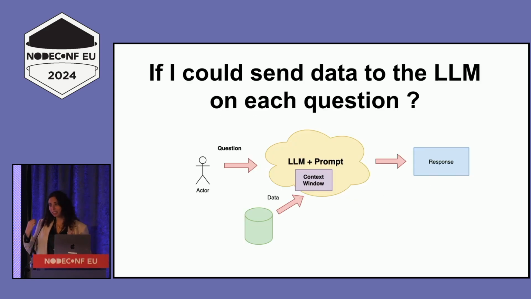But we've just talked about the context window, right? We said that we can give the LLM data for every question. There is a possibility to do that. So if I could give in the context window all the data, let's say that I have 0.5 terabytes of data, and I'm asking a question, I would like to give all of that data to the context window.